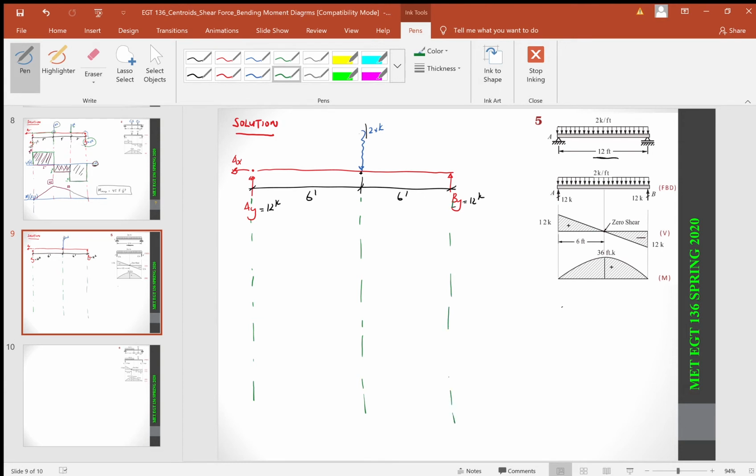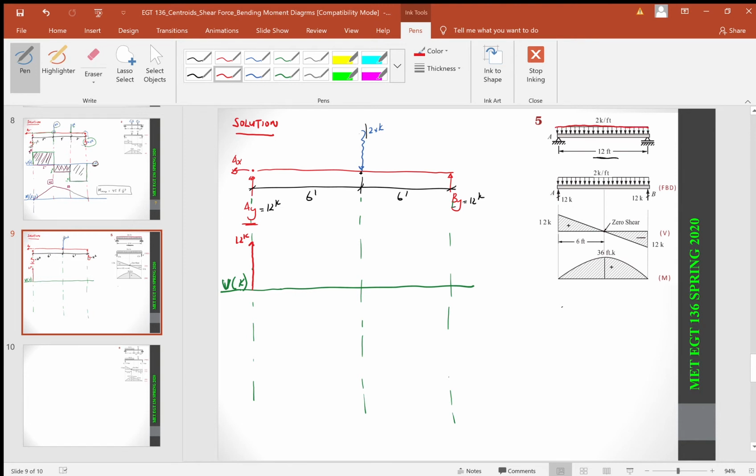And first of all, we want to find our shear force, and that's going to be in kips. So the first thing is our support reaction is 12 kips going upward. Now this is a uniform load, so it doesn't behave as a point load.